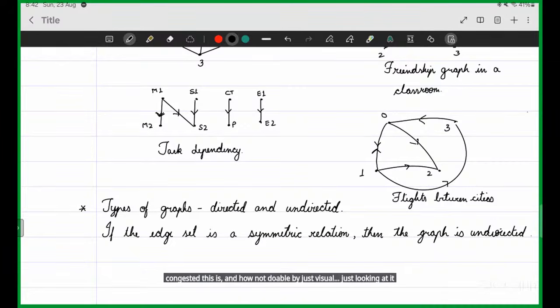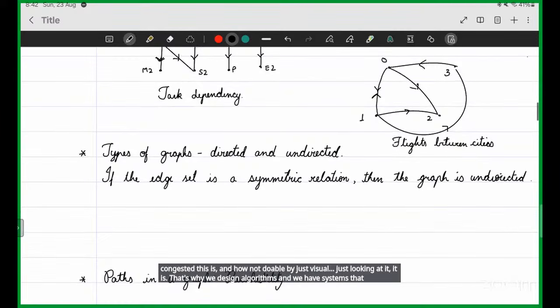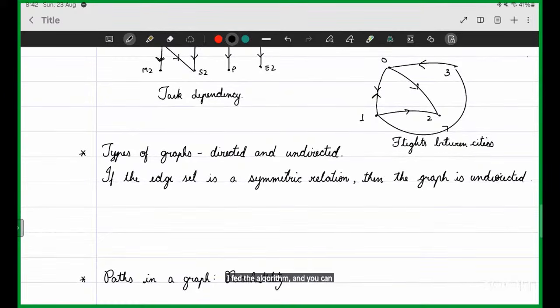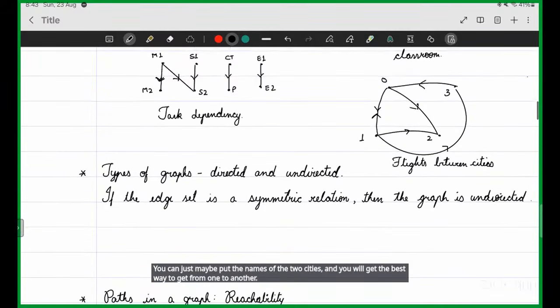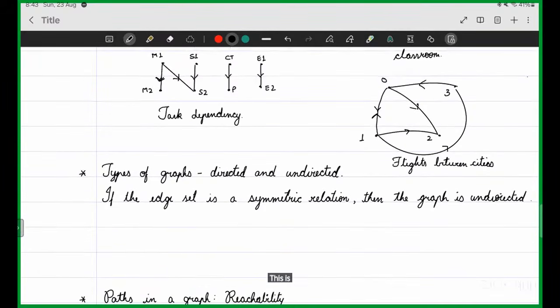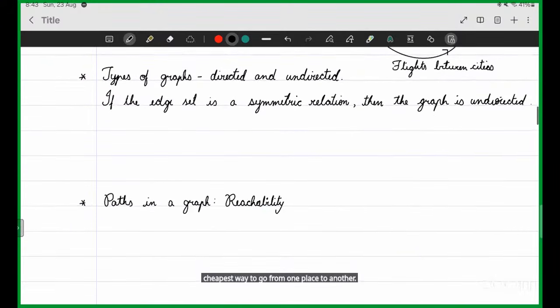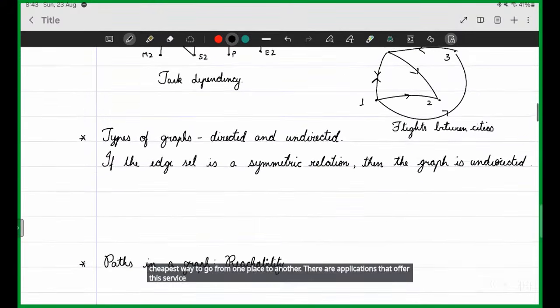That's why we design algorithms and have systems that are fed the algorithm, and you can put in the names of two cities and get the best way to get from one to another. Many applications offer this service, calculating the cheapest way to go from one place to another.